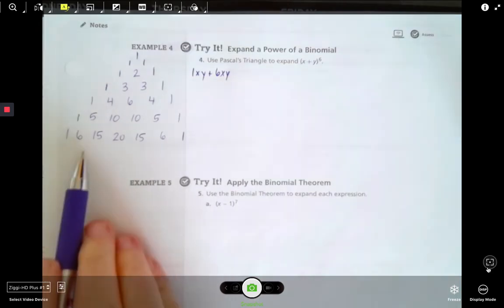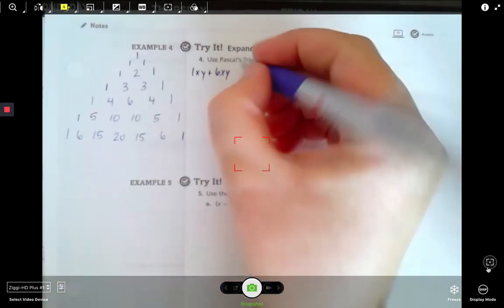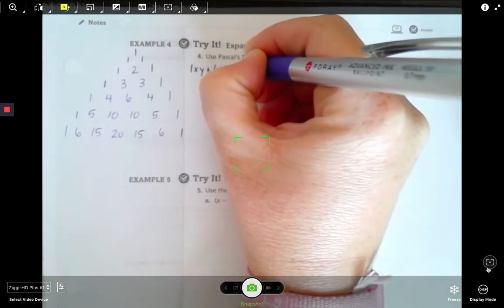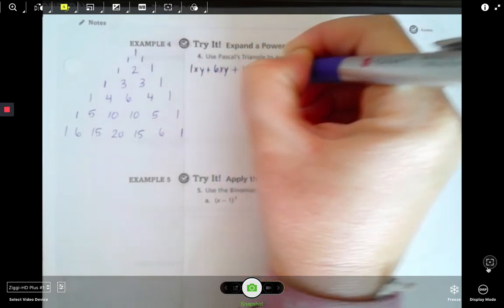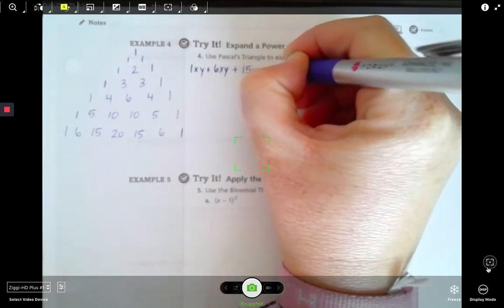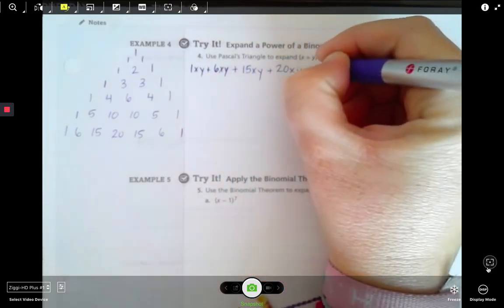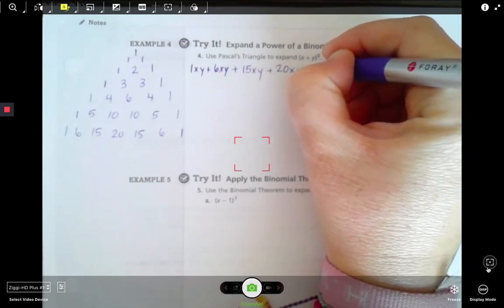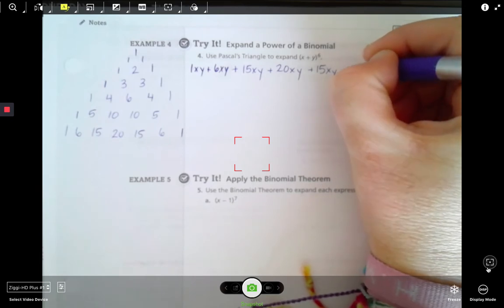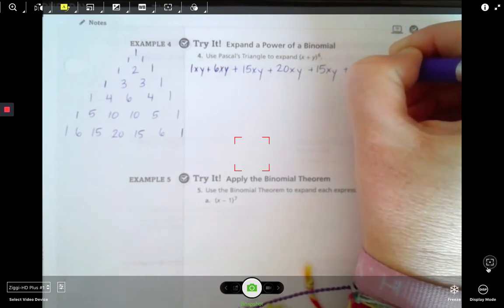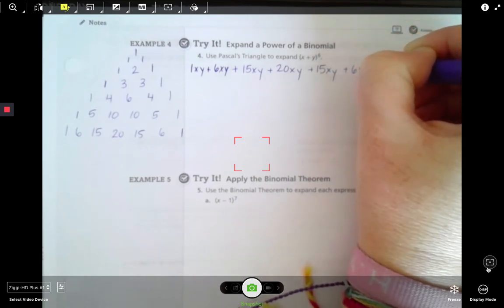Y'all see where the 6 came from? Then plus 15 times x times y, plus 20 times x times y, plus 15 times x times y, plus 6 times x times y, plus 1 times x times y.